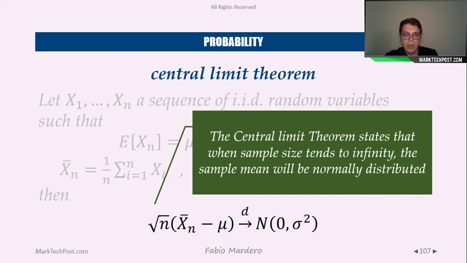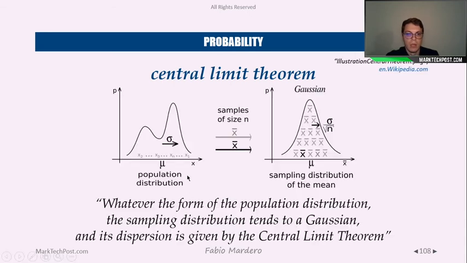So the central limit theorem states that when sample size tends to infinity, the sample mean will be normally distributed. And please note that we didn't make any hypothesis on the distribution of the random variables x.